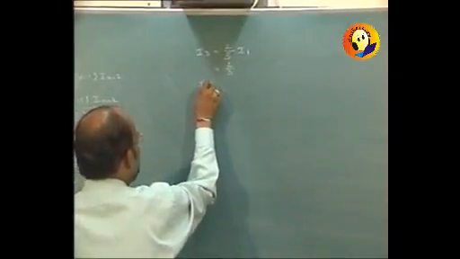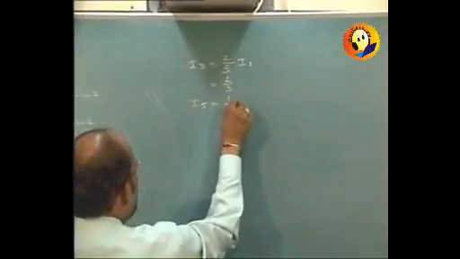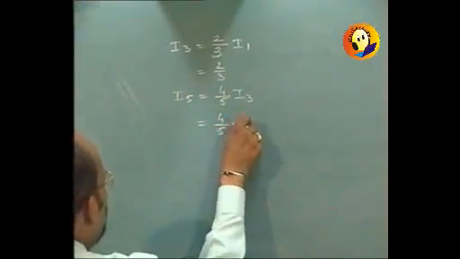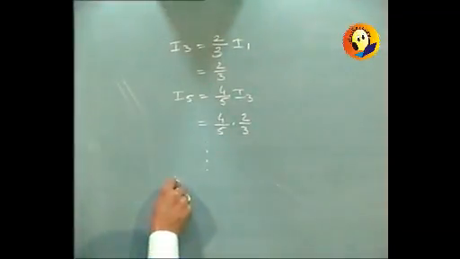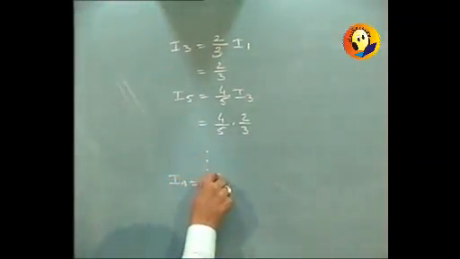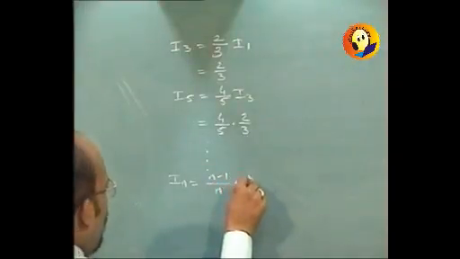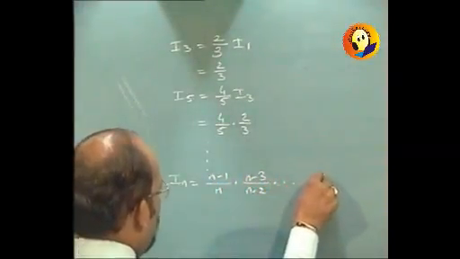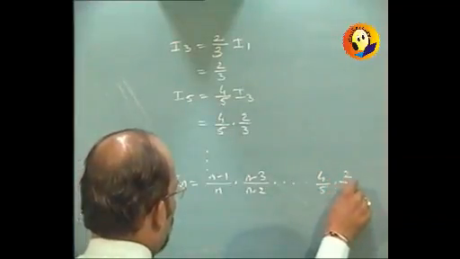Similarly I5 was 4 by 5 I3, which will be equal to 4 upon 5 into 2 upon 3, etc. When you proceed to find out In, it will be n minus 1 upon n into n minus 3 upon n minus 2 into etc. into 4 upon 5 into 2 upon 3.